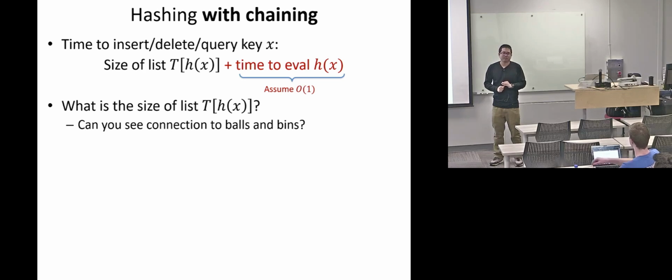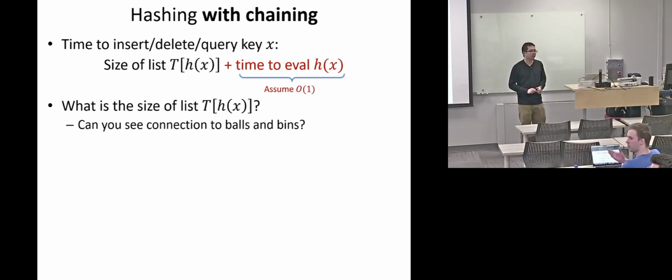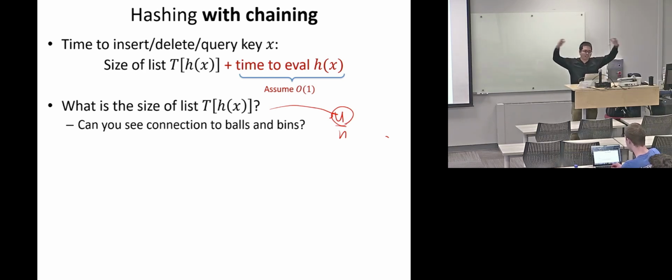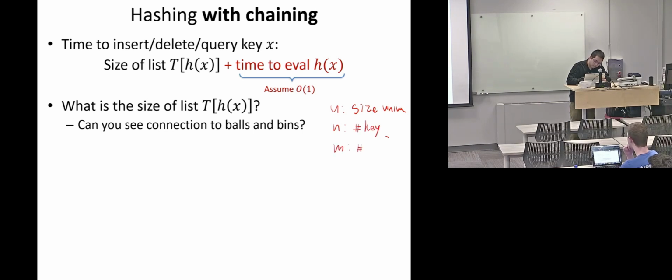Okay, so u is the size of the universe, n is the number of keys, and m is the size of the array.